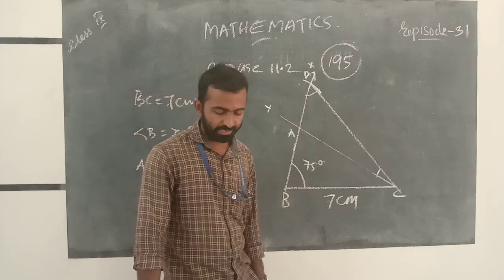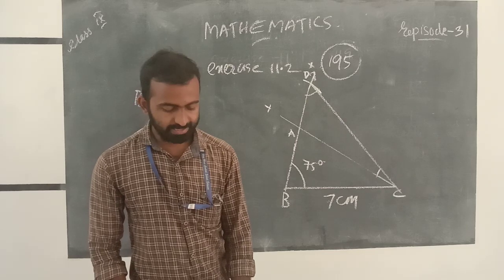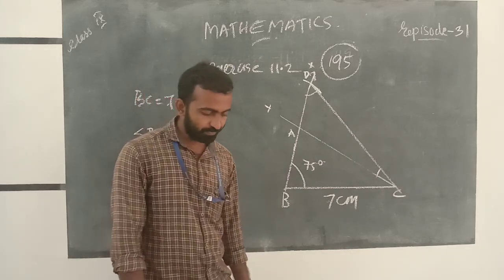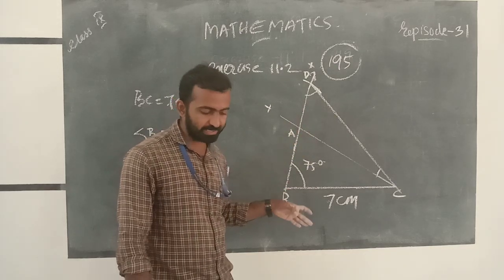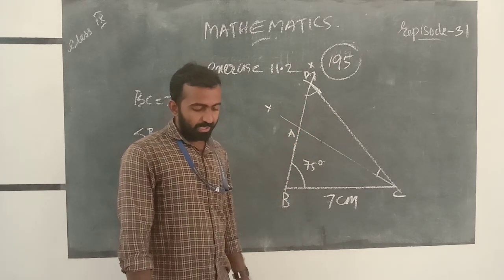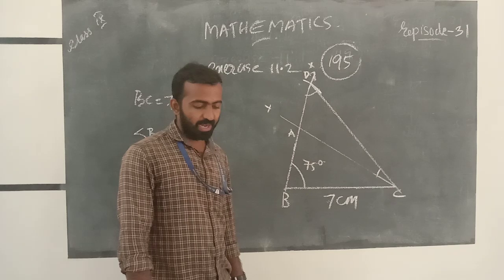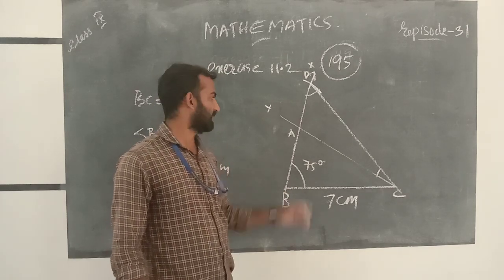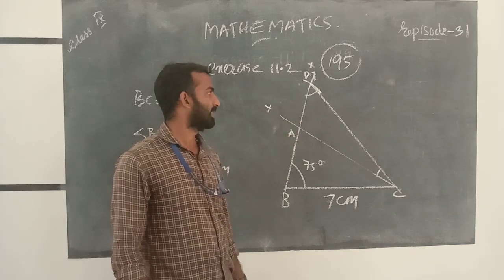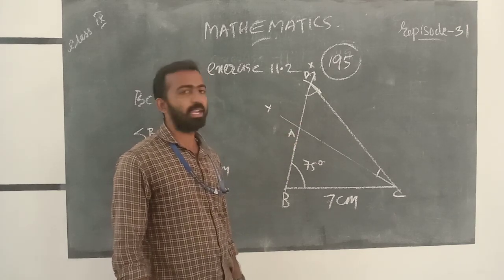CY intersects BX at A. So triangle ABC is the required triangle. That is how we name A.